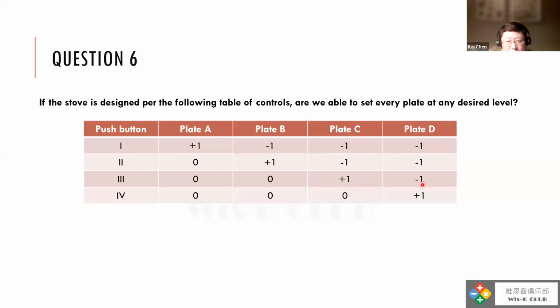Do we have any bottom to control D? Yes. The bottom 4 can be used to control D, right? So basically, we can use a combination of 3 and 4. Think about 3 plus 4. 3 plus 4 here will be 0, and this will be plus 1. And A and B, because they are all zeros, no worry about A and B, right?